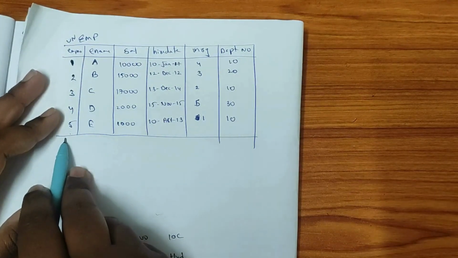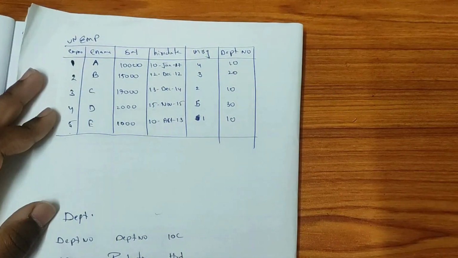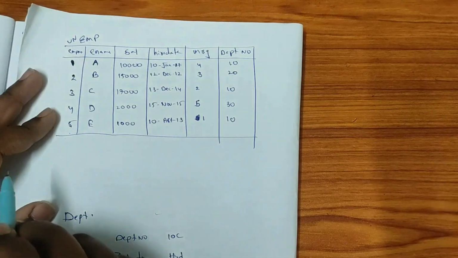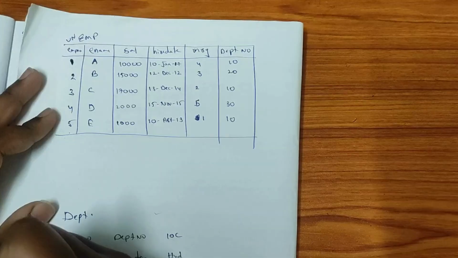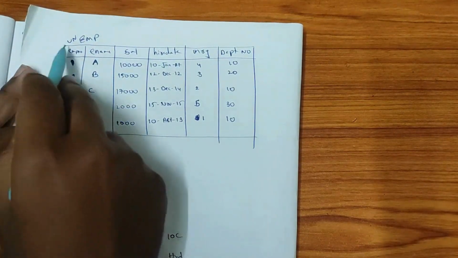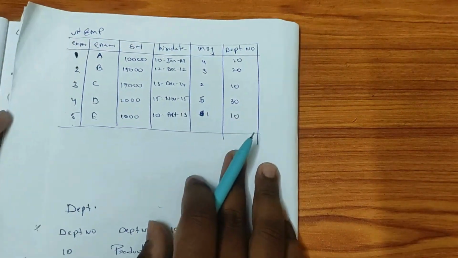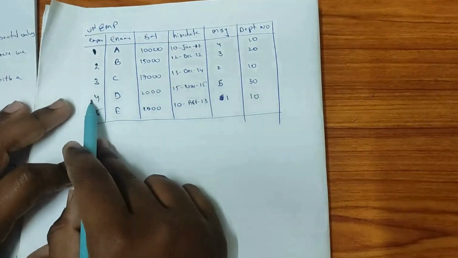If we use a duplicate, we'll get an error. So if we enter 2 again, there will be an error, and then we can understand this is a unique column. So we use unique like this, to avoid duplicate and repeated values.